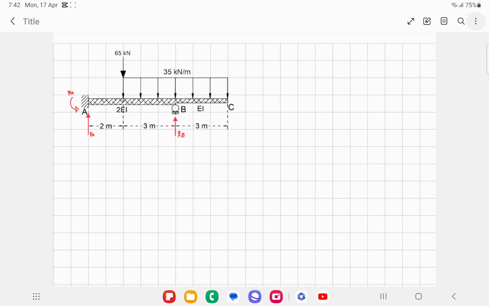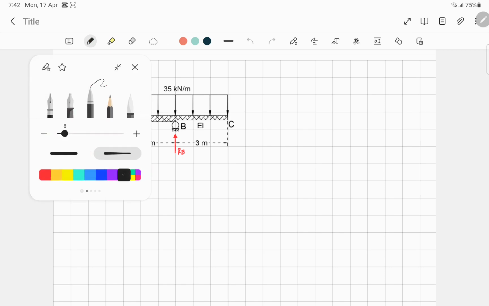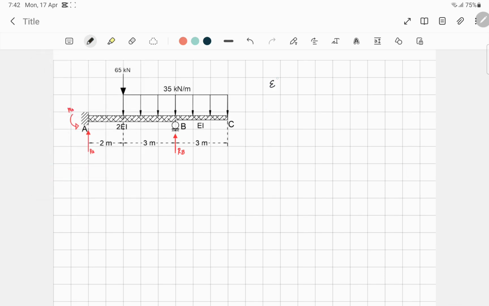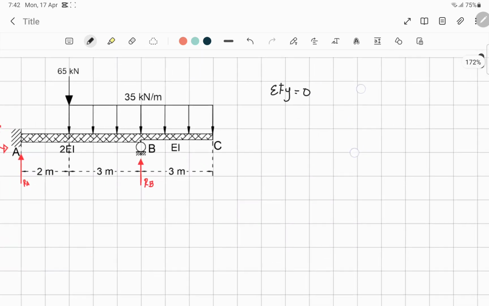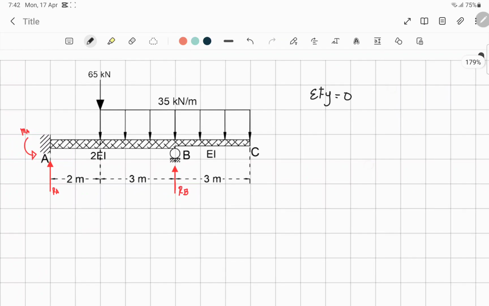First, we have the reaction at A in terms of RB. We can use the equilibrium equation, which is the summation of forces vertical is equal to 0, and then we have upwards na RA and upwards na RB, and then downwards na 65 na concentrated load, downwards na uniformly distributed load, 35 times 6 should be equal to 0.